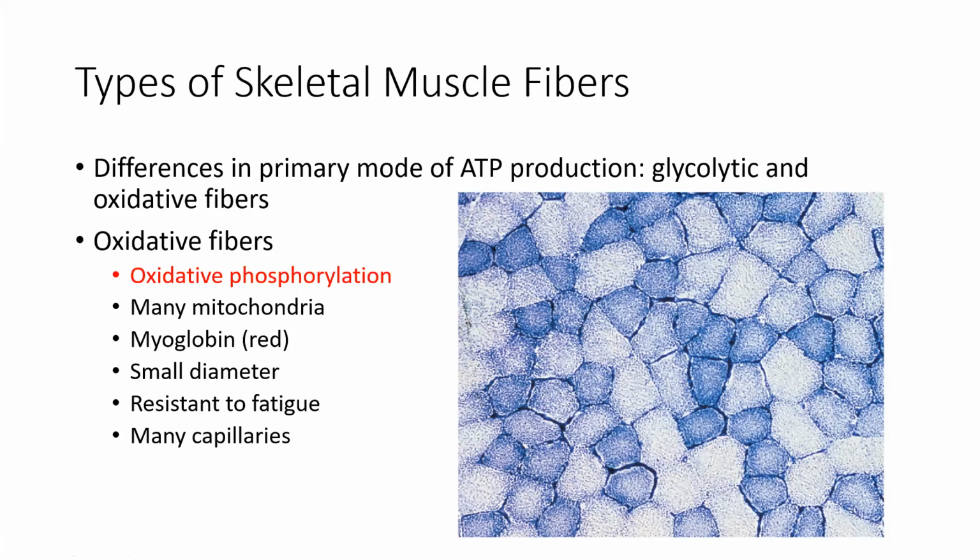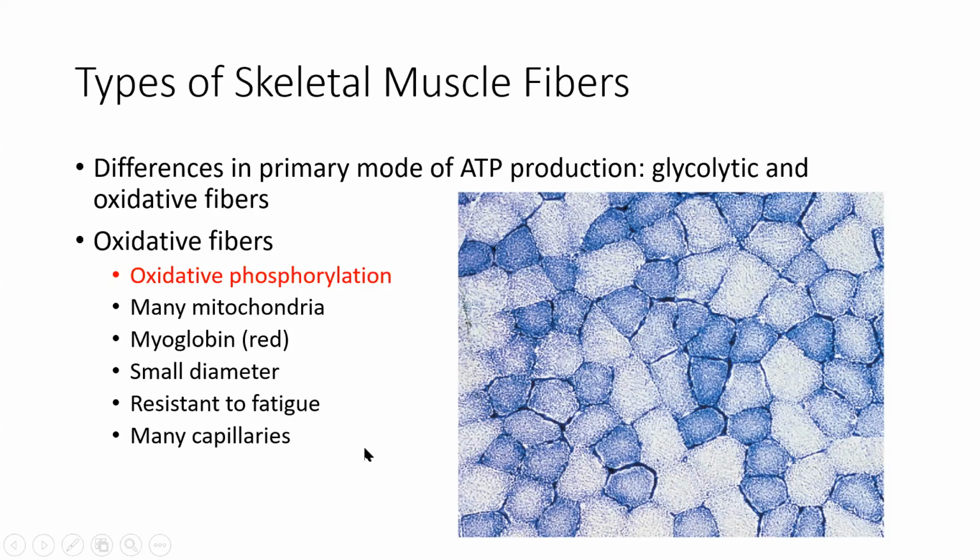These fibers are also smaller in terms of their actual diameter. Again, we talked about this on the previous slide, but because they rely on that diffusion of oxygen, they can't get too big. They need to be at an adequate size to where they're not impeding the ability to diffuse that oxygen from the capillaries that are surrounding. They're resistant to fatigue.